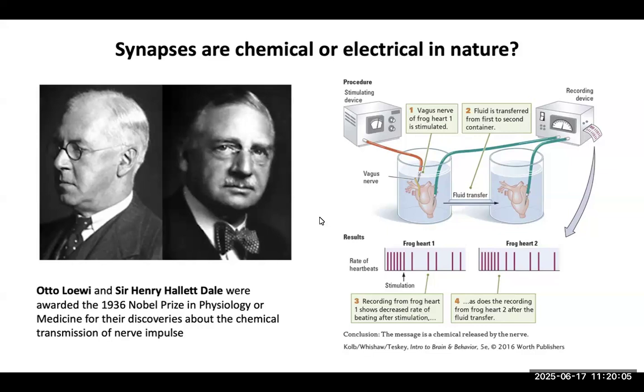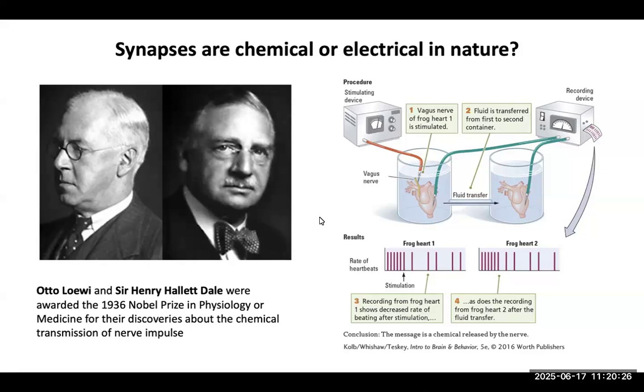So they were recording from the other heart, which was in the other chamber. So it's isolated. It did not contain any nerve, but it responded to this vagus nerve stimulation, suggesting that there is something in the fluid that was being transferred. And this was again a frog heart.